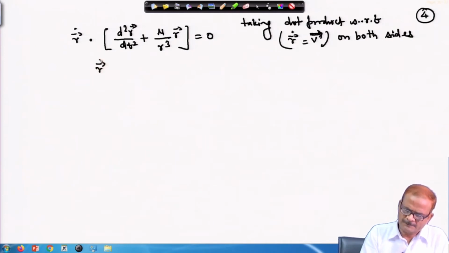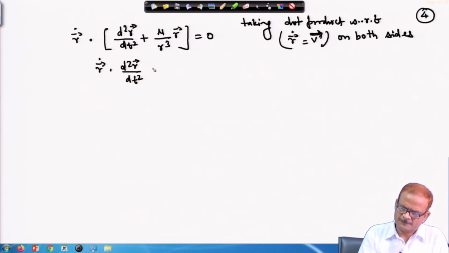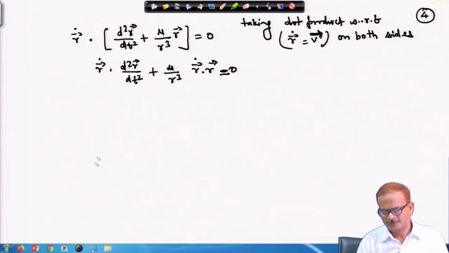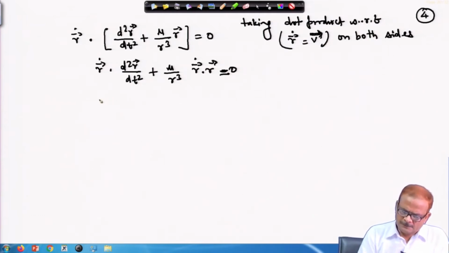So, from here we have d square r by dt square plus mu by r cube r equal to 0. So, this is your v.